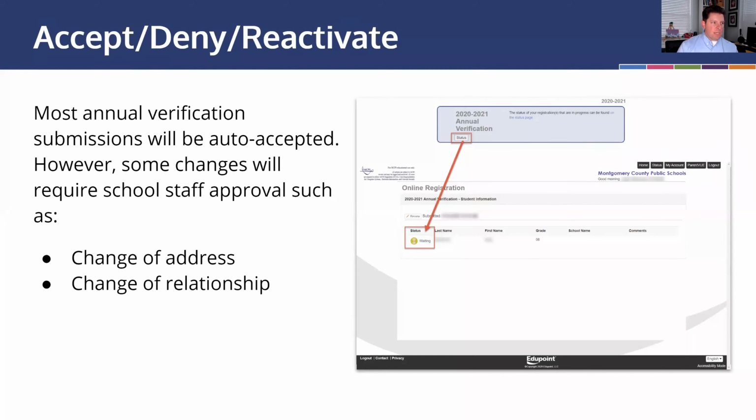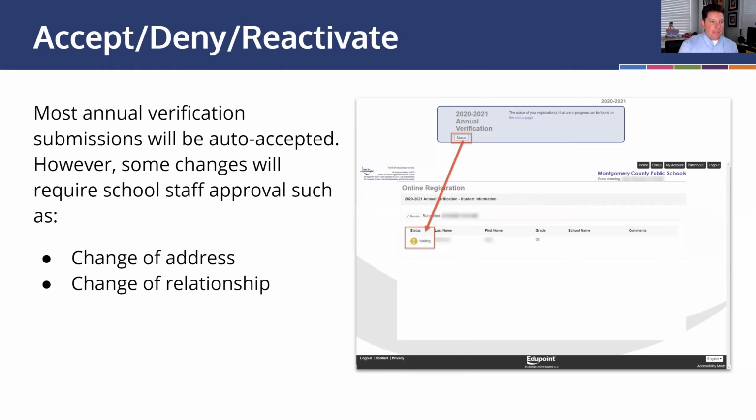Now, in most cases, they're not going to deny it. Those are very rare situations where they would deny it. And at least for annual verification, I can't really think of a time where they would need to do that. They're either going to accept it, or if there are certain questions about certain things, the school has the ability to go in and edit it. Or they can do what's called Reactivate.